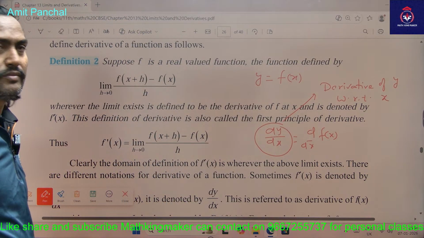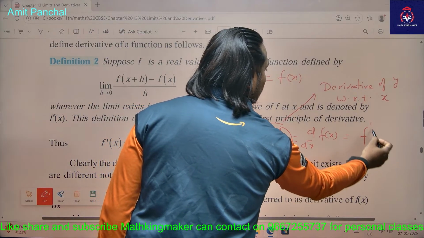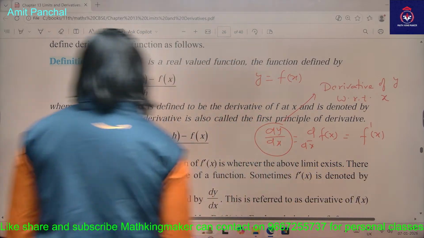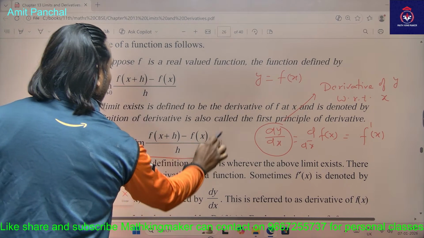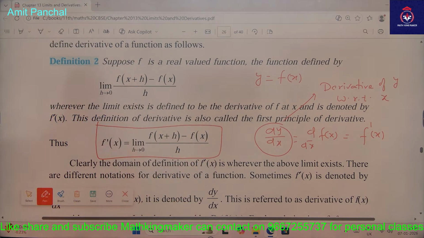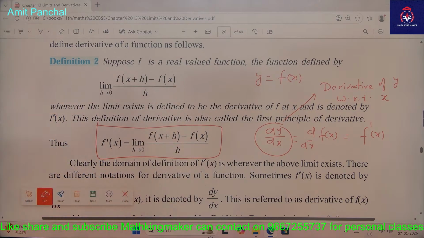So we write it like f dash x also. So f dash x will always be this one. Now we are not finding the derivative at a particular point, we are just finding the derivative with respect to x. So it's a general derivative, it's not about any particular point.